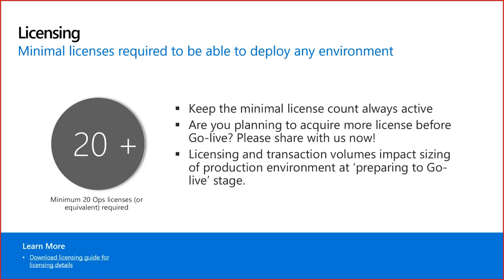The number of licenses and the transaction volumes have a major impact on the size of the production environment. In an onboarding meeting, at this time, we usually show the subscription estimator, and we talk a little bit about it, some recommendations, and also where you can download this document from LCS. But today, for time's sake, we will skip that part.